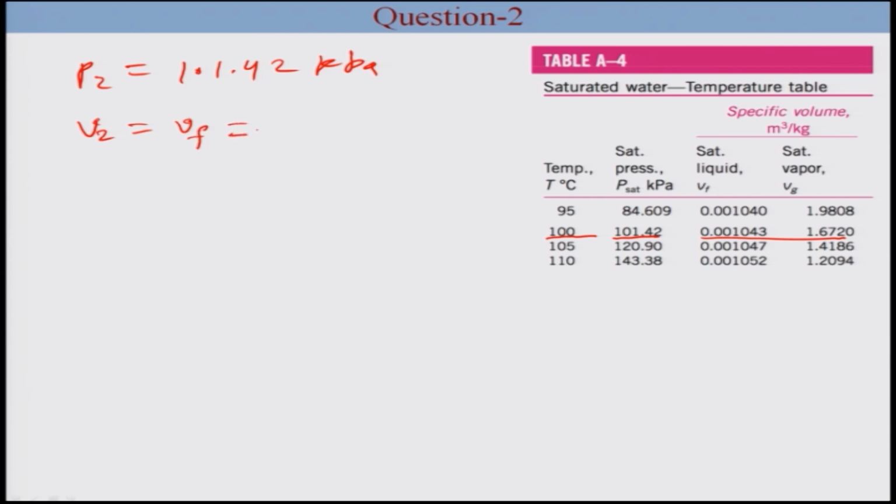So V2 will be nothing but 0.001043 meter cube per kg.